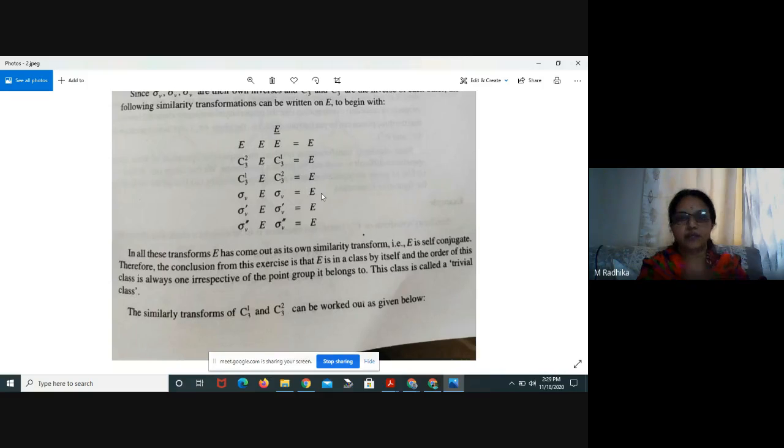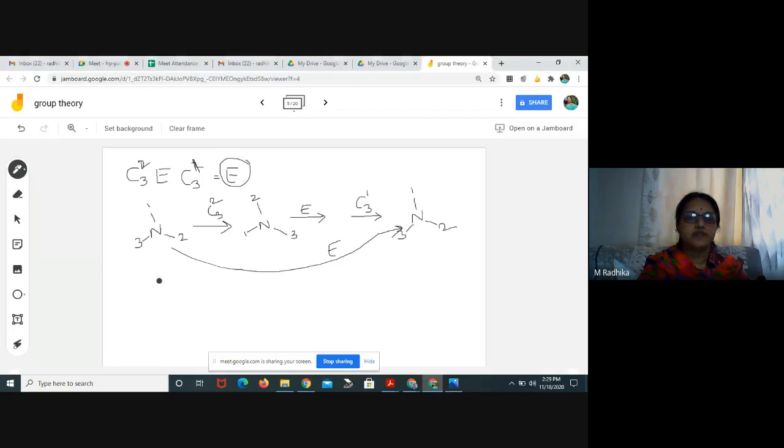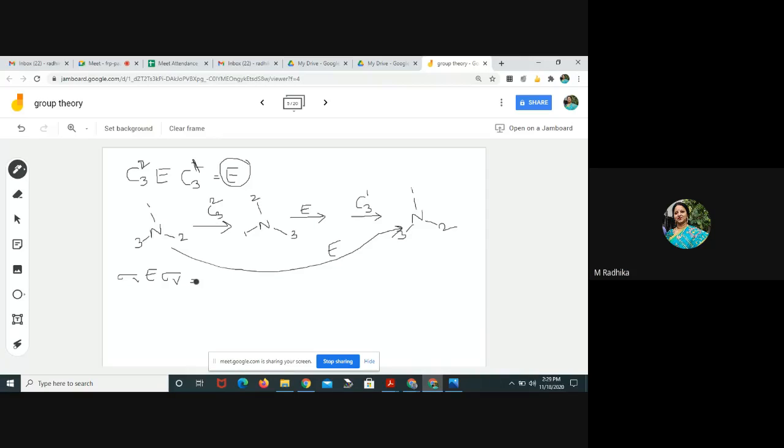Again I should get E. That is why we say a reflection is the inverse of its own reflection. σv's have their own inverse. So σv E and σv, we are getting E.